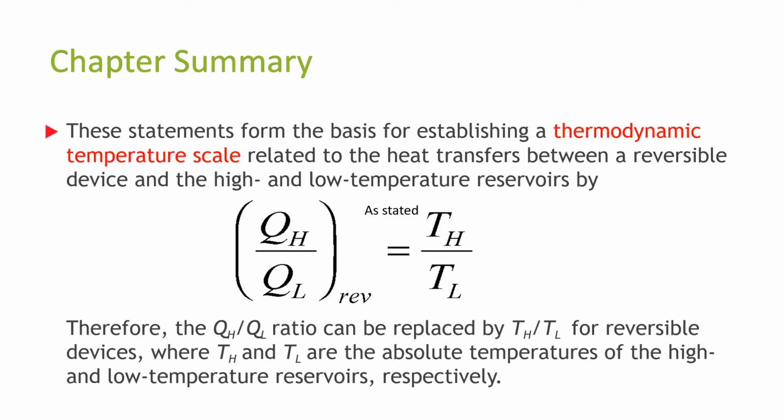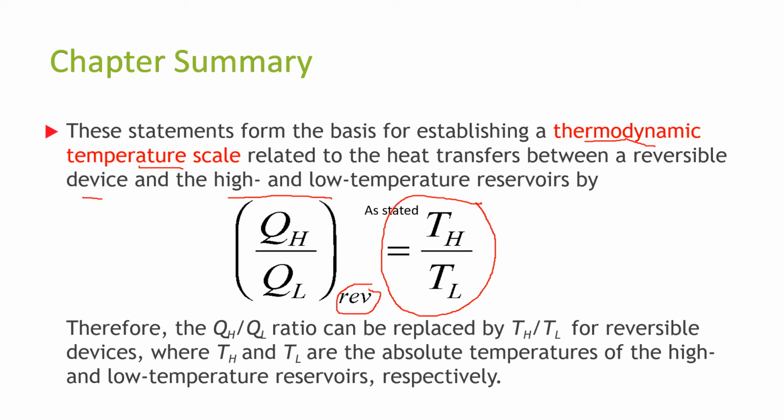This statement forms the basis for establishing a thermodynamic temperature scale related to heat transfer between reversible devices and the high and low temperature reservoirs. So if you have a reversible device, the QH per QL will be equal to the temperature ratio TH per TL.